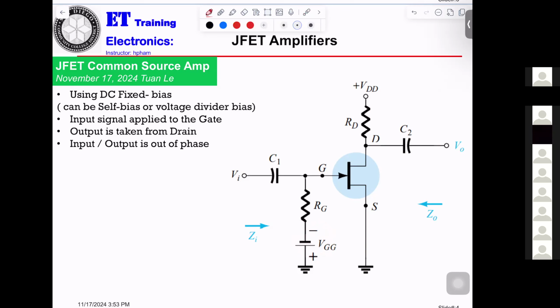If I get VGG equal 2 volts and RG equal 1 megaohm, my question is, what does VG equal?